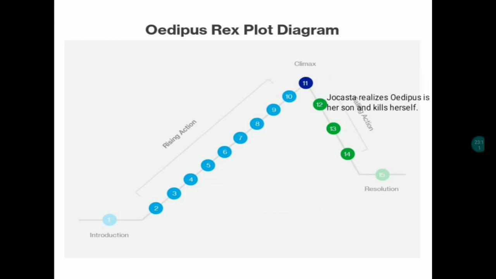Jocasta realizes who Oedipus actually is, and with the disclosure of the truth, she realizes how terrible it is, because she was married to her own son. It's a kind of a proper sin. So to get rid of that sin, she killed herself. She hanged herself and committed suicide.